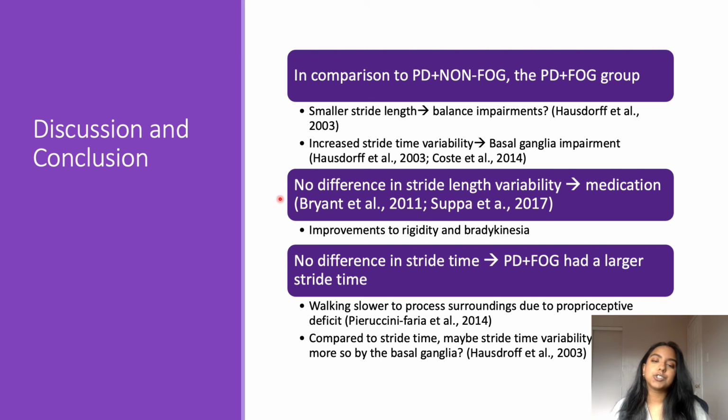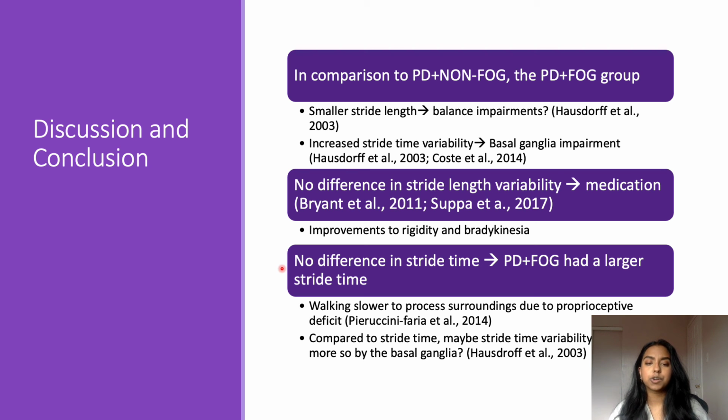Next, we found no difference in stride length variability between both groups, and this may be because both groups were tested on medications, and we know that Parkinson's medications do improve rigidity and bradykinesia. So maybe by doing that, we're not seeing a difference between both groups.